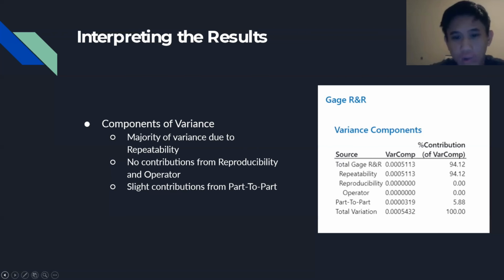So 5.88% comes from part-to-part, which means that there was slight variance across the different measuring devices, and this could be contributed to maybe different levels of precision between the devices, and the part-to-part variation is caused by the process itself.